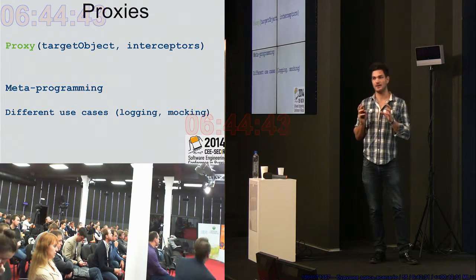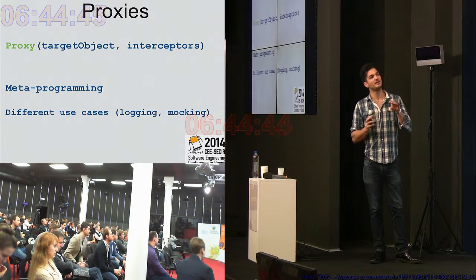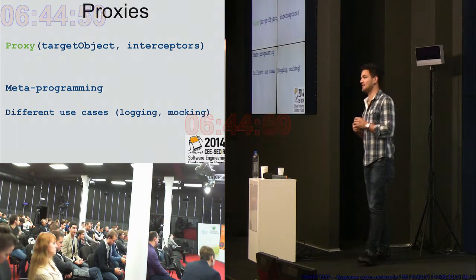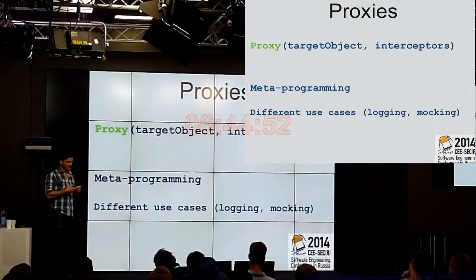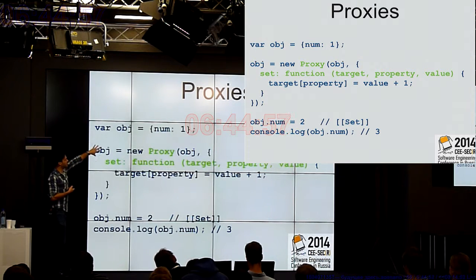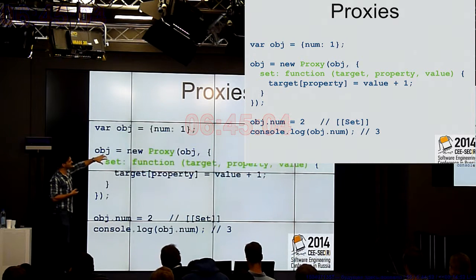So the main thing about proxies is basically you listen on a target object, and you define some interceptors on it. Those interceptors are technically called traps. So let's look at an example. Given this object literal with the property num, say it's equal to 1, we can create this proxy which listens on that object and has this interceptor called set.